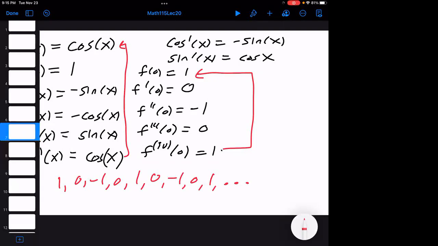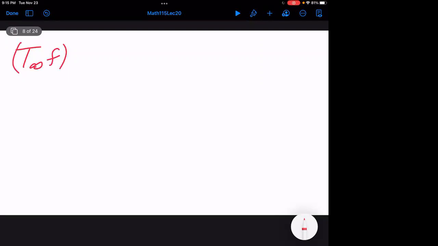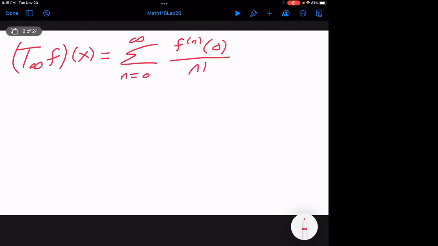And so what we now get is the following. I'm going to just use this notation. The infinite Taylor series is the sum from 0 to infinity of the nth derivative at 0 over n factorial times x to the n.